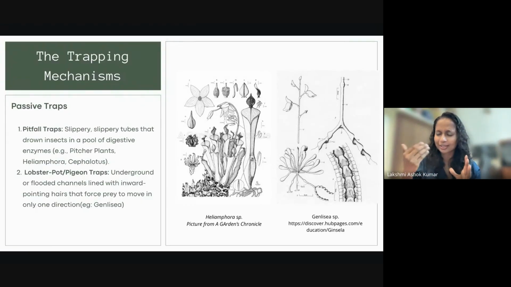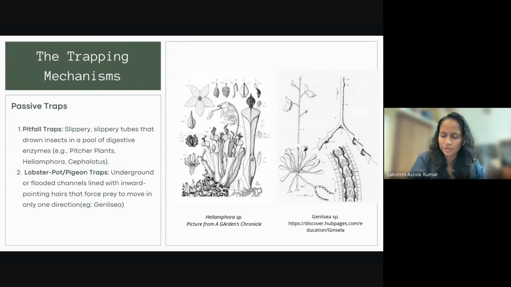But you might think, since they are insects, they have wings, they can just simply fly off. But all these pitfall traps, if you check them, have a tube structure. They have a narrow neck, maybe, and then it becomes bulged at the bottom.